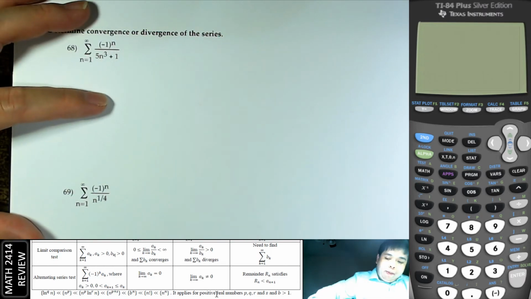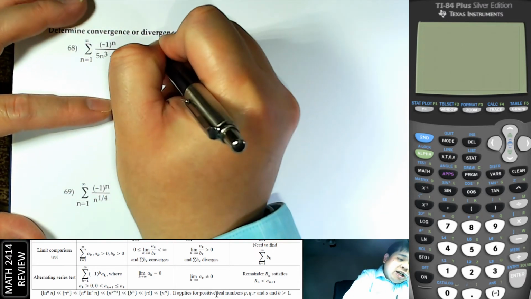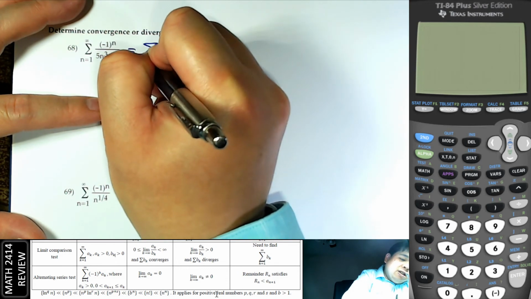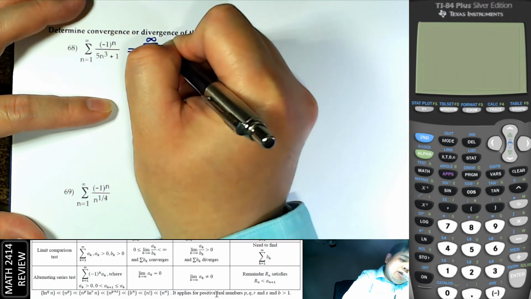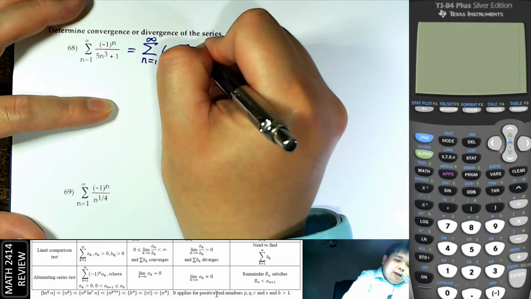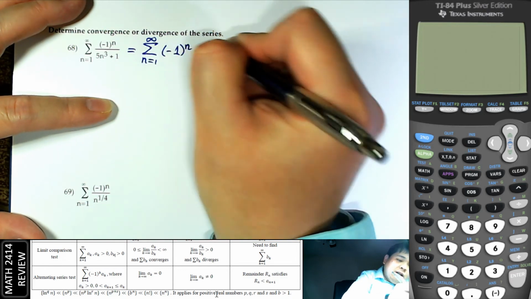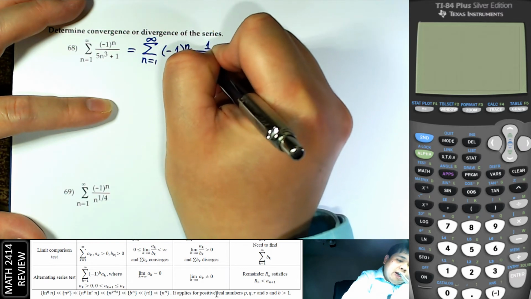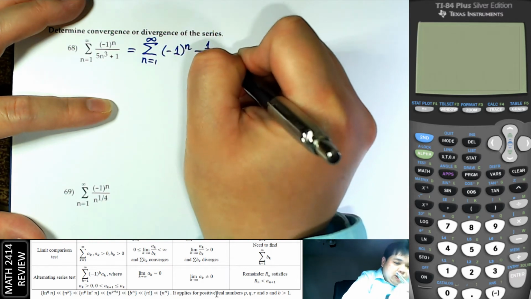Before that, let's write the alternating factor outside, and then we have 1 over 5n cubed plus 1.